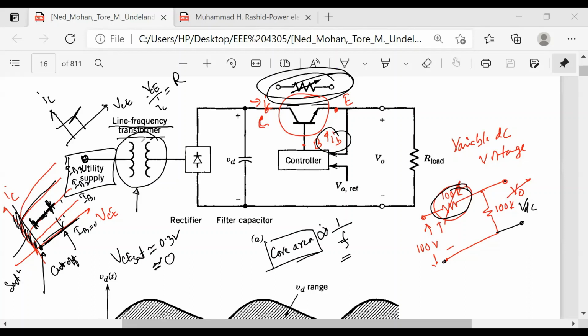Another thing is that if the frequency is low, this is the filter capacitance, the capacitance will be very high. It is becoming bulky. Did I list out the difference between power electronics and linear electronics in the last class? Yes, sir.